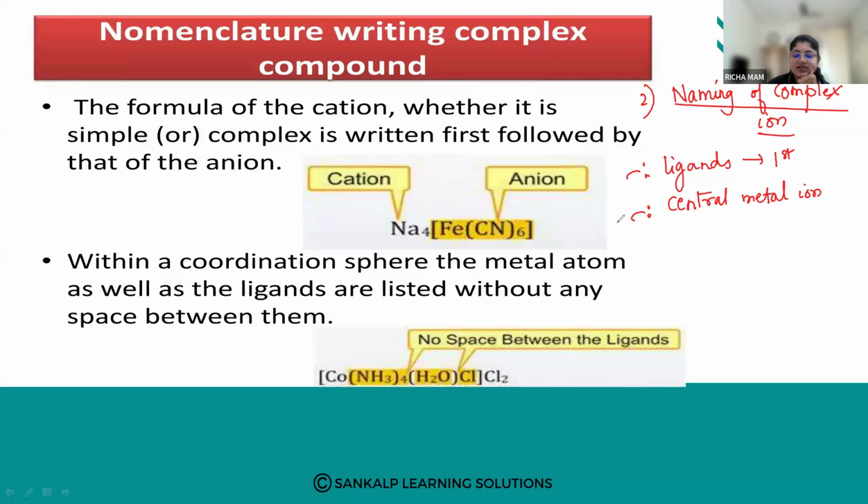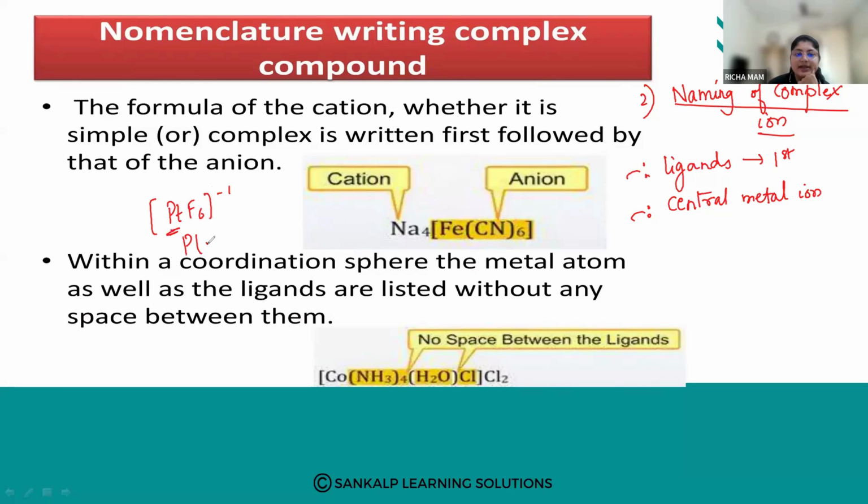The coordination number of the metal ion is also expressed. So whenever there is a central metal atom, just now we saw platinum, [PtF6]-1. When you are writing the name, you are going to write the charge also.